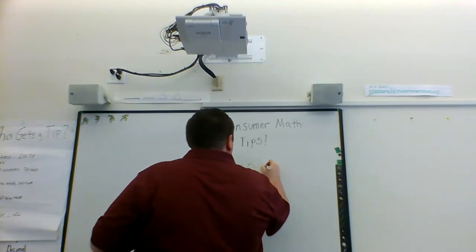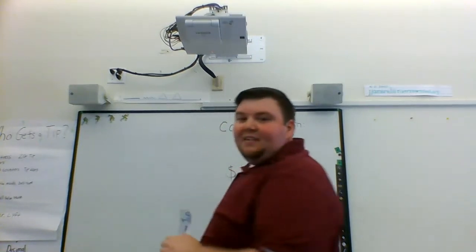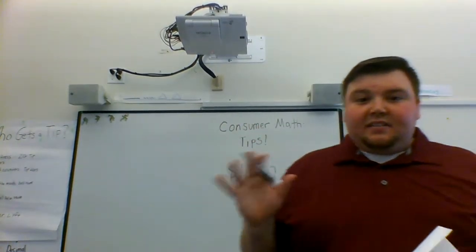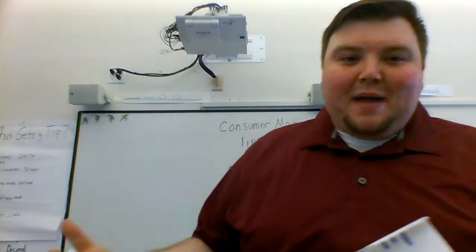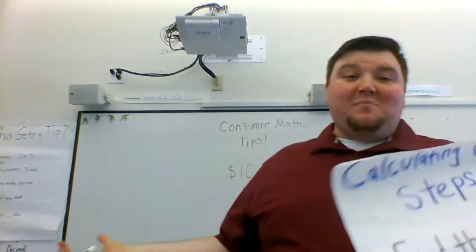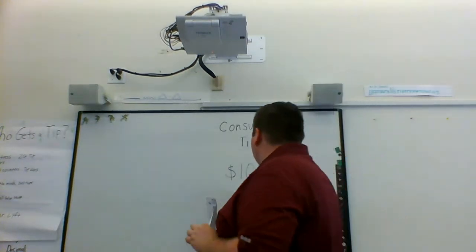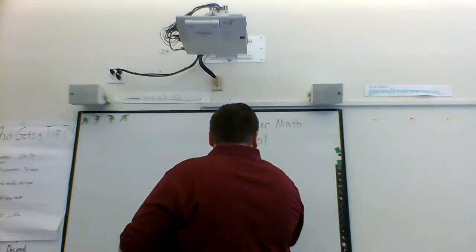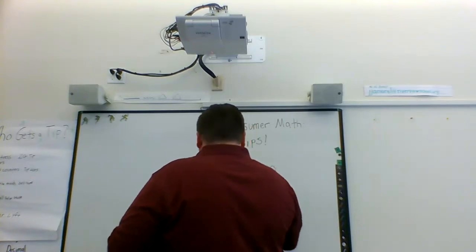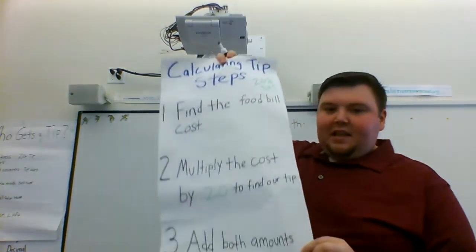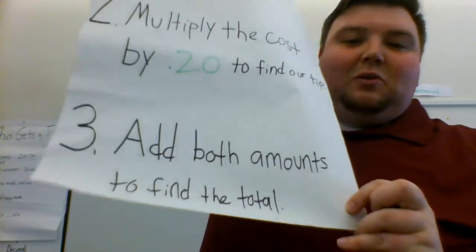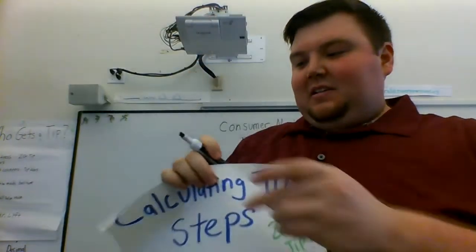And then as they became more confident, more advanced in their skills, we started adding weird amounts of change because we never get bills that are right on the dollar. Sometimes we do, but I need to multiply the 20%. They know how to move that decimal. And then the total is added on at the end.